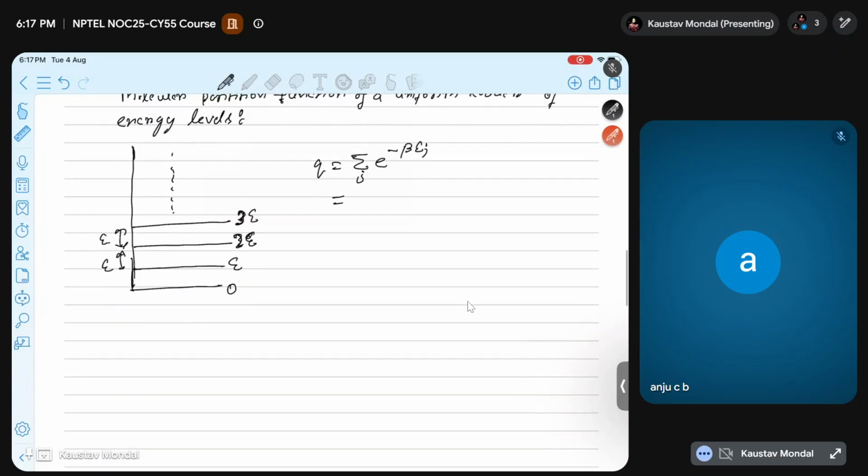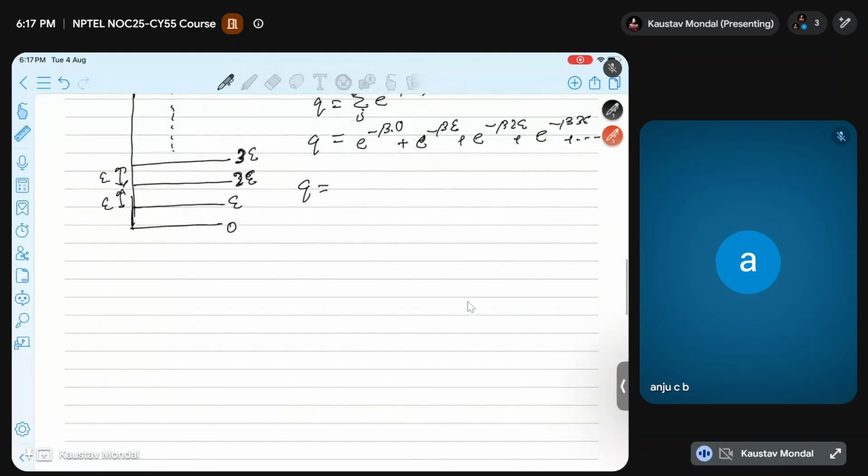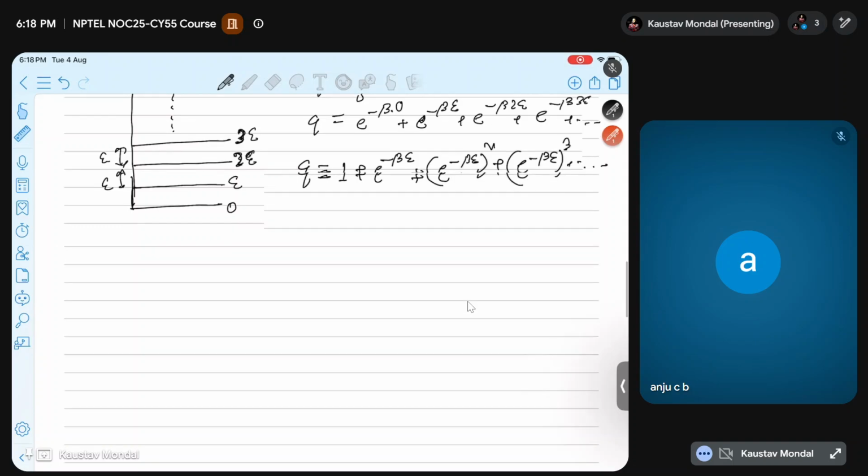Now you can write it like this: q equal to e to the power minus beta into 0, just discretizing the summation, so 1 plus e to the power minus beta E plus e to the power minus beta 2E plus e to the power minus beta 3E, and like that. We can write it as 1 plus e to the power minus beta E, plus e to the power minus beta E whole square, plus e to the power minus beta E whole cube, plus dot dot dot.